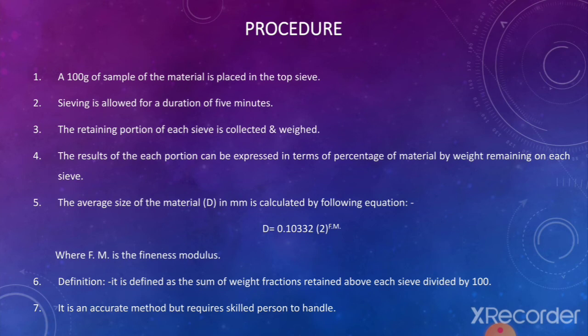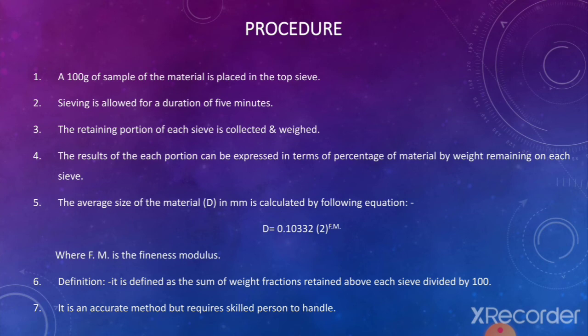The average size of the material, that is D, in mm is calculated by using the following equation: D is equal to 0.10332 into 2 raised to the power Fm, where Fm is the fineness modulus. The fineness modulus is defined as the sum of weight fractions retained above each sieve divided by 100.